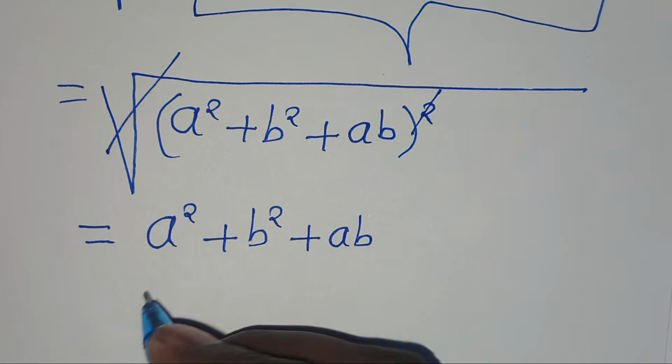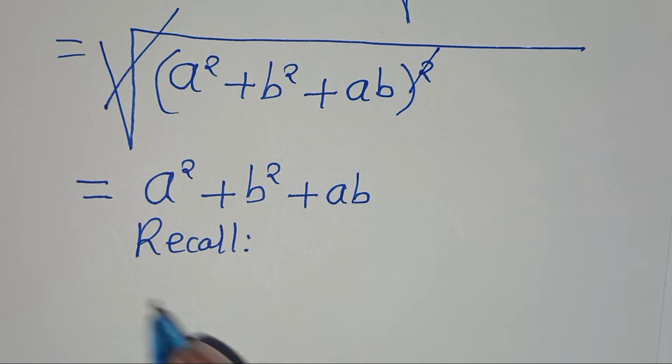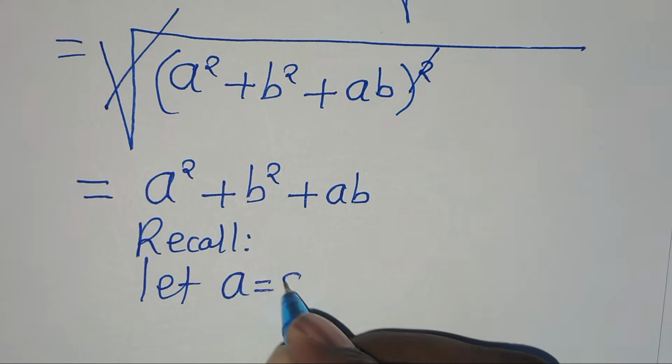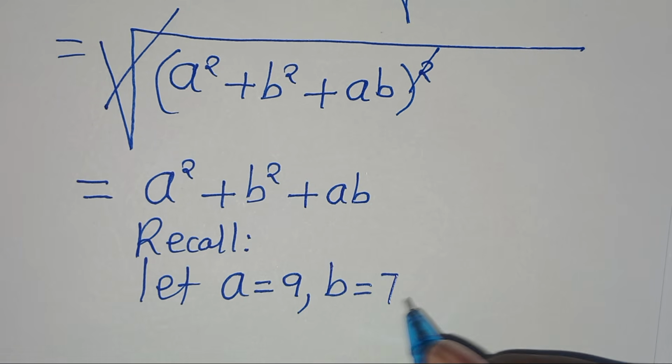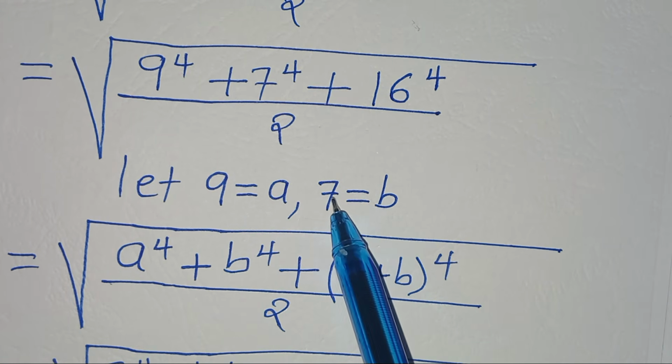Now if you recall, we have seen that we let a be equal to 9 and we let b be equal to 7.